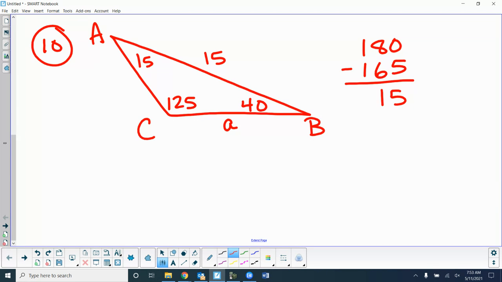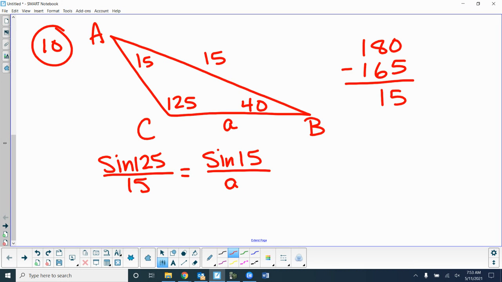So then I can use my law of sines to find side A. I'm going to go sine of 125 over 15, and then sine of 15, angle A, over side A. So we'll do the same thing. A times the sine of 125, doing our cross multiplying, equals 15 times the sine of 15.